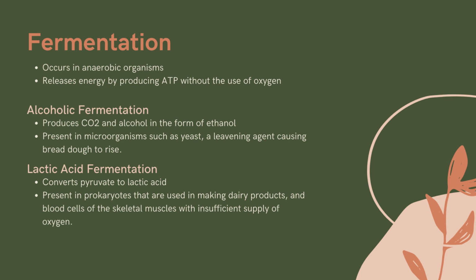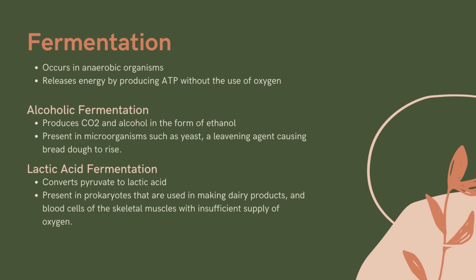The next type of fermentation is lactic acid fermentation. What differs from alcoholic fermentation is that it converts pyruvate into lactic acid. In alcoholic fermentation, we converted pyruvate into alcohol in the form of ethanol.